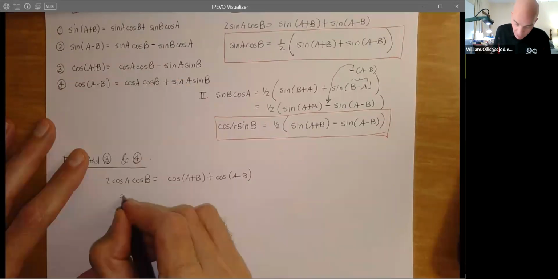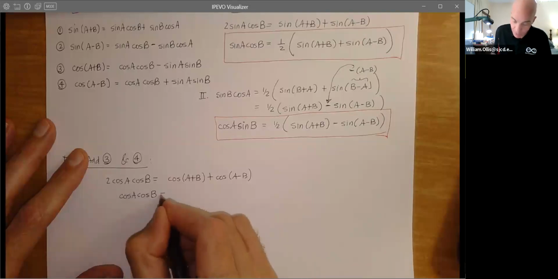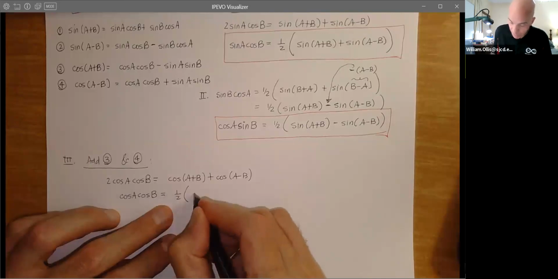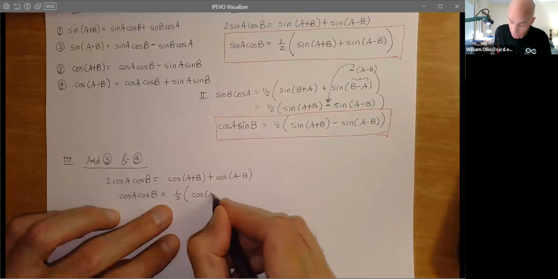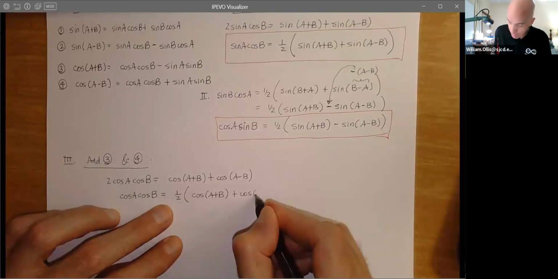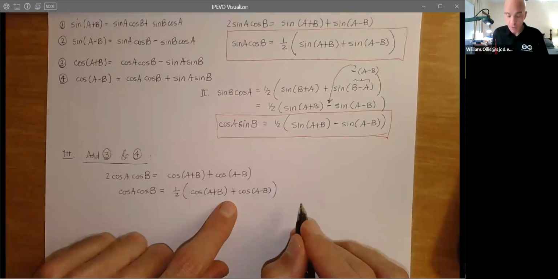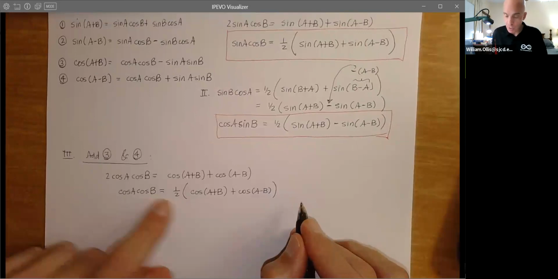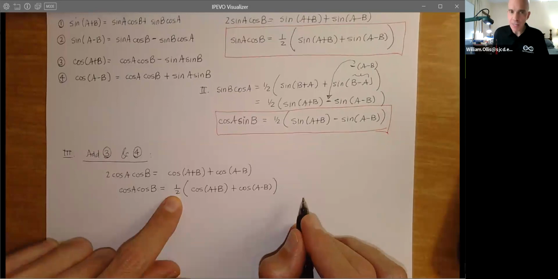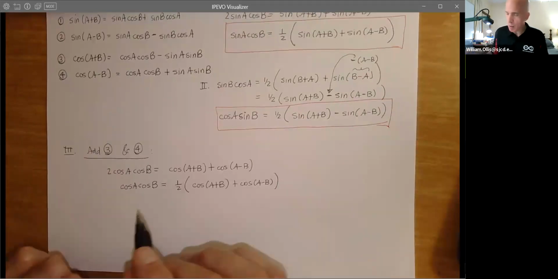So the product of 2 cosines with possibly varying arguments will now be 1/2 [cosine A plus B plus cosine A minus B]. So now you can see how you can rewrite things. If the WebAssign problem says rewrite this as a sum, you just figure out the A and B and substitute them in, multiply by 1/2. That's all you do. The arithmetic of this is simple. It's just the beauty, the elegance is that we have this at all.